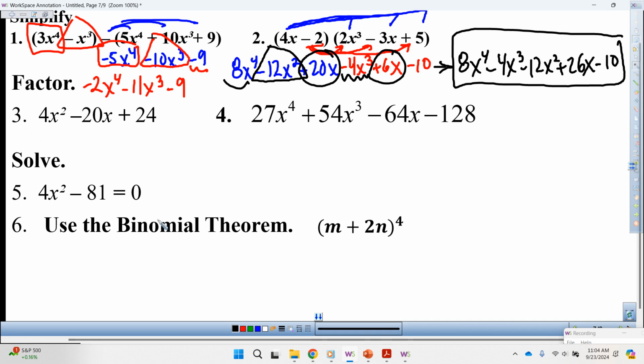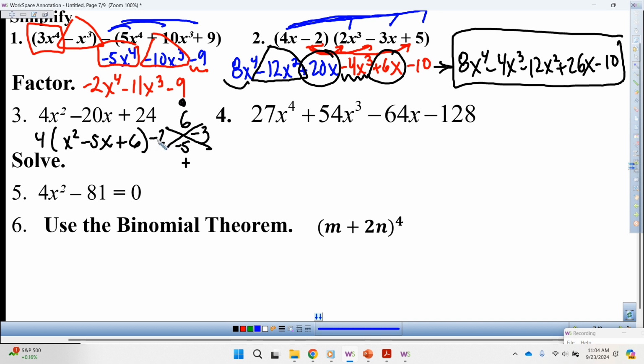Number 3, factor. Let me pause the music in the background. First step, is it in standard form? Yes. Is there a GCF? Yes. 4. We're left with x squared minus 5x plus 6. From there, we got 6 on top, negative 5 on the bottom. 2 numbers that multiply to give me 6, that when you add them give us negative 5, that's negative 2 and negative 3.